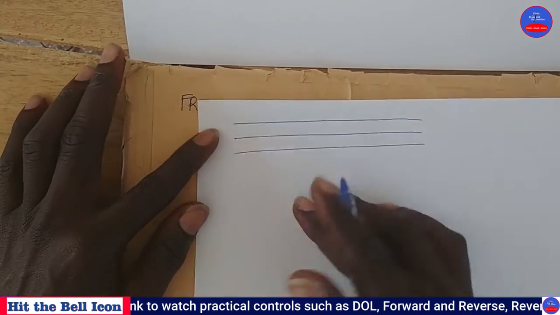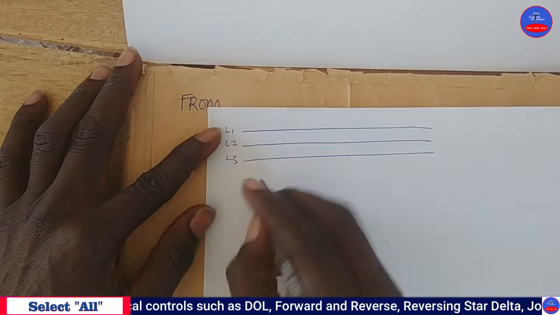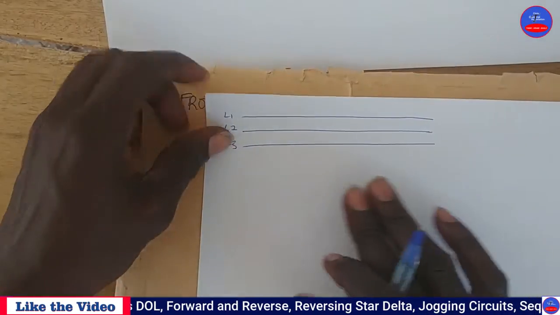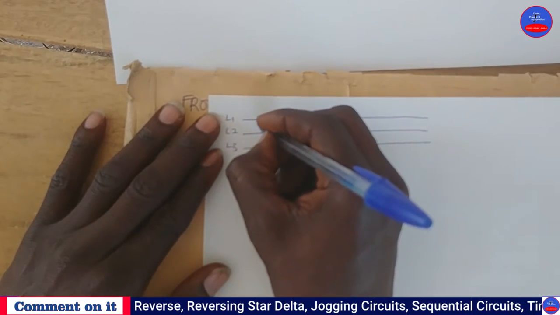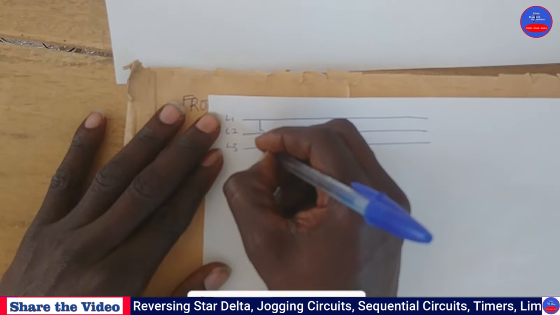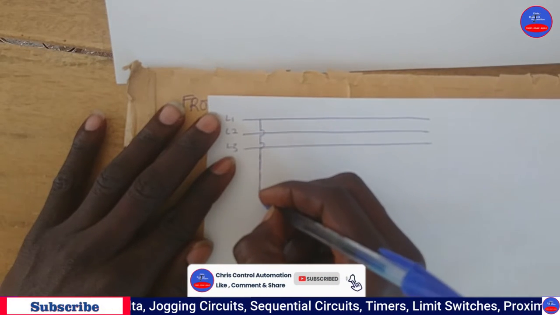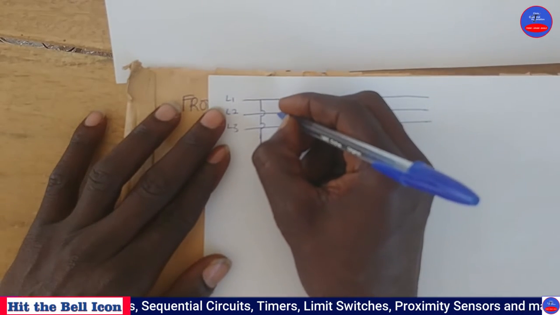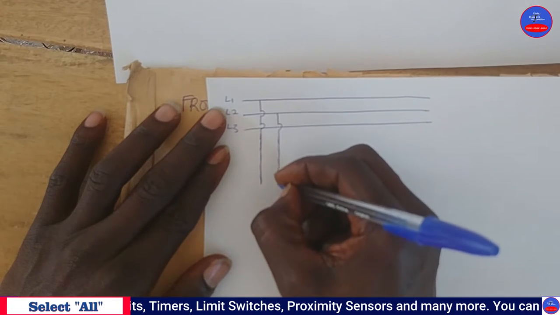So this is our 3-phase line, line 1, line 2, line 3. So now, this is it. Let's bring the cable here. This one comes from this side.